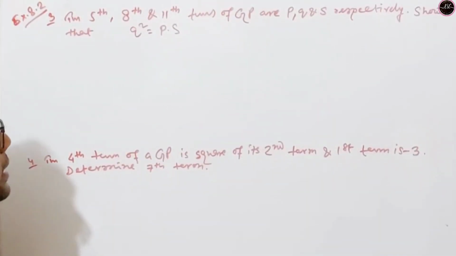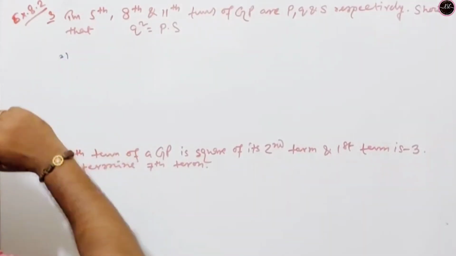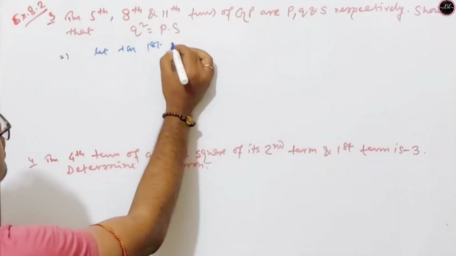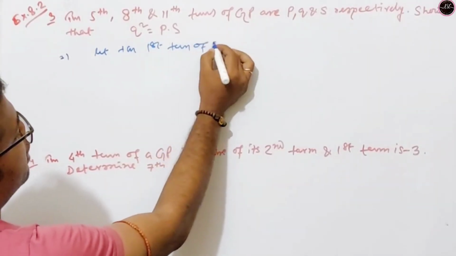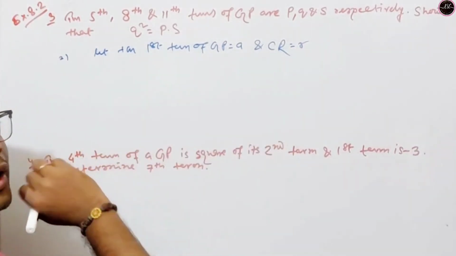Just look at this question. The 5th, 8th and 11th terms of a GP are P, Q, R respectively. Prove that Q square is equal to PS. Let the first term of the GP be A and the common ratio be r.